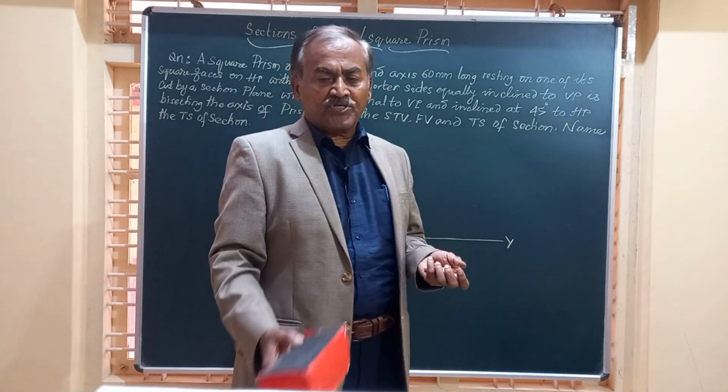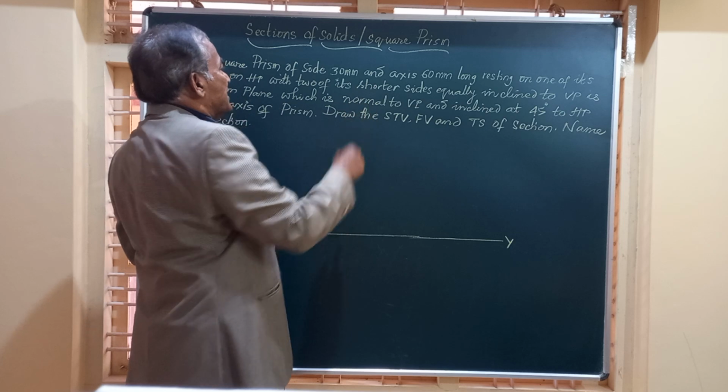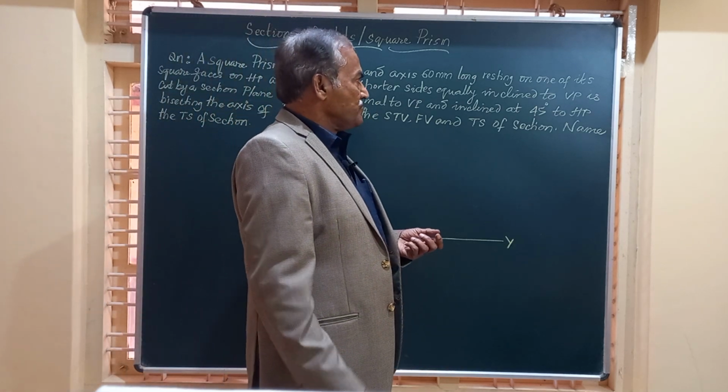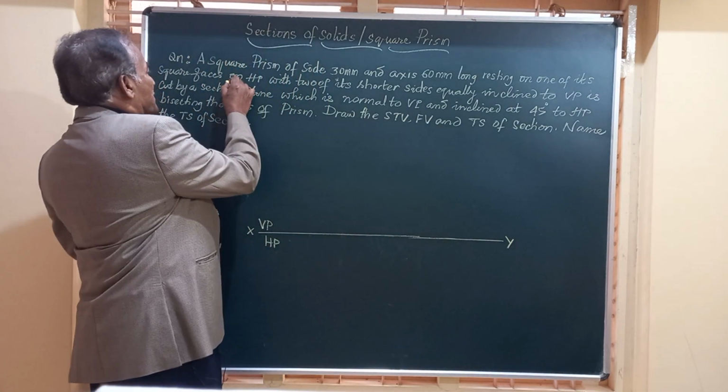Friends, the question for today's session reads like this. A square prism of side 30 mm and axis 60 mm long, resting on one of its square faces on HP.